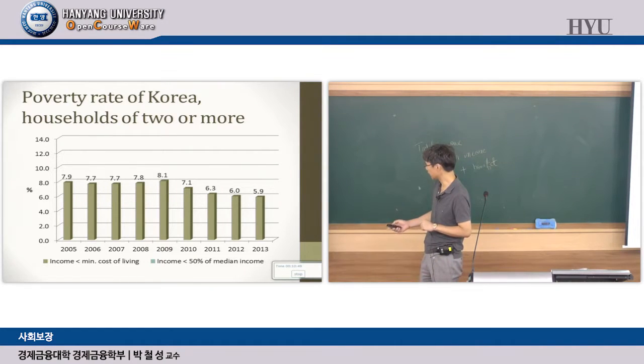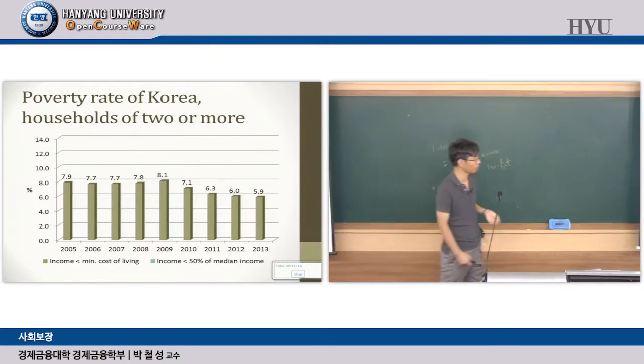The first statistic shows the proportion of households whose income is below the minimum cost of living. Each year, the government calculates the minimum cost of living.